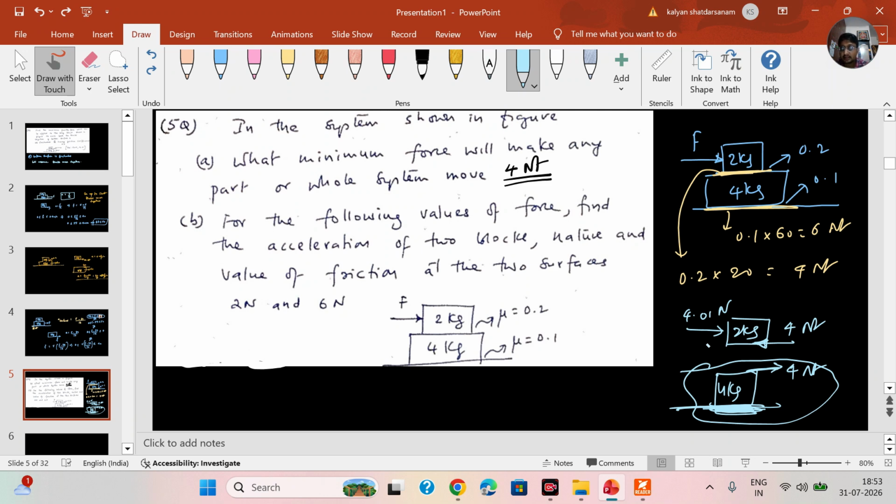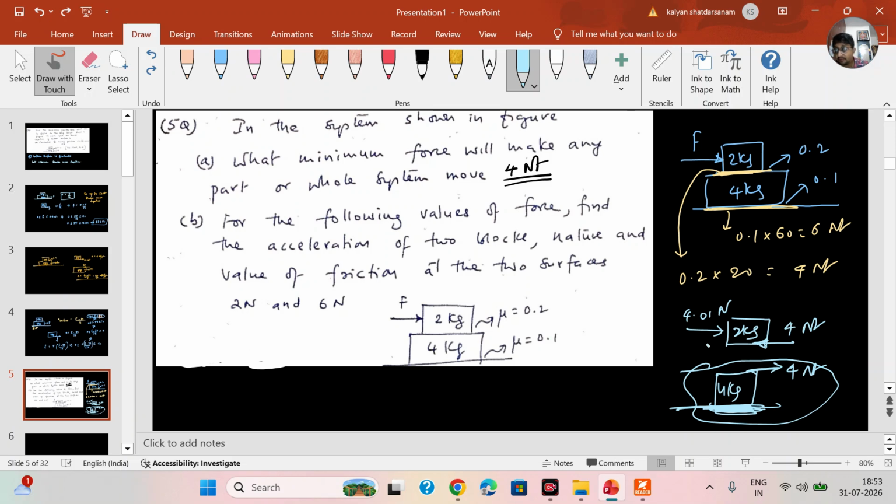Up to 4 Newton, nothing moves. Slightly beyond 4, the 2 kg moves separately. The 4 kg will never move, because for the 4 kg to move, you must break the bond between the 4 kg and the floor, and that requires 6 Newton. So to break the bond between the 4 kg and the floor, you require 6 Newton to be applied on the 4 kg. Now who can apply force on the 4 kg?